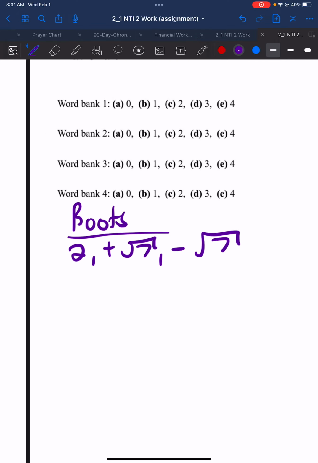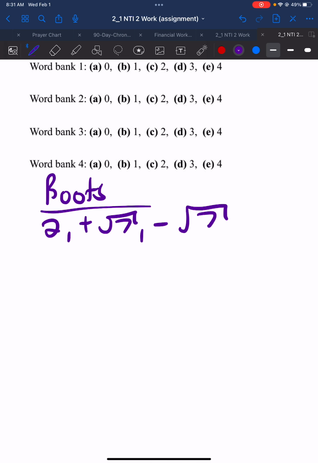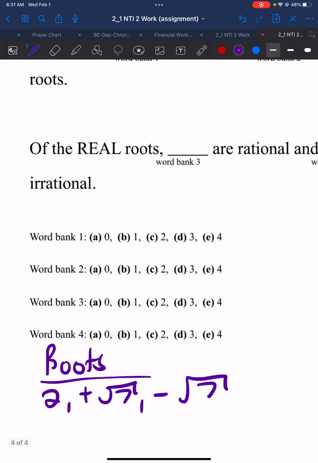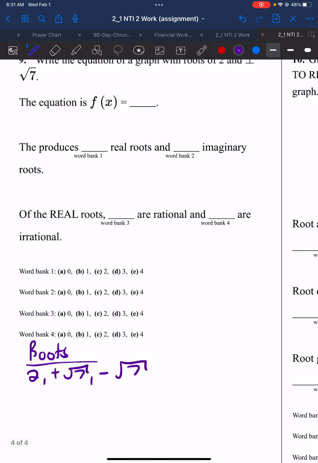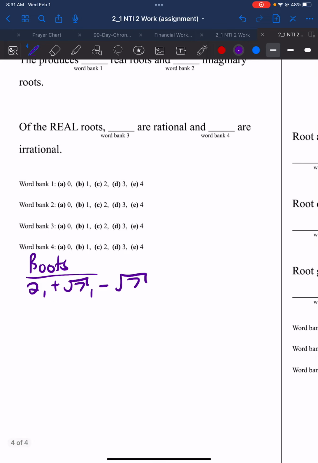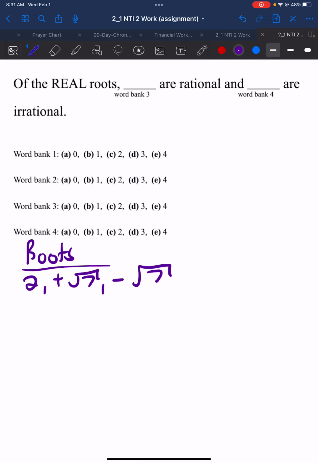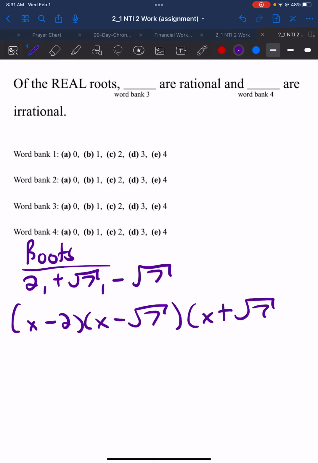We've probably done this so many times by now that you could say it in your sleep, but to go from roots to factored form, I'm going to rewrite it as x minus 2, x minus the square root of 7, and x plus the square root of 7.